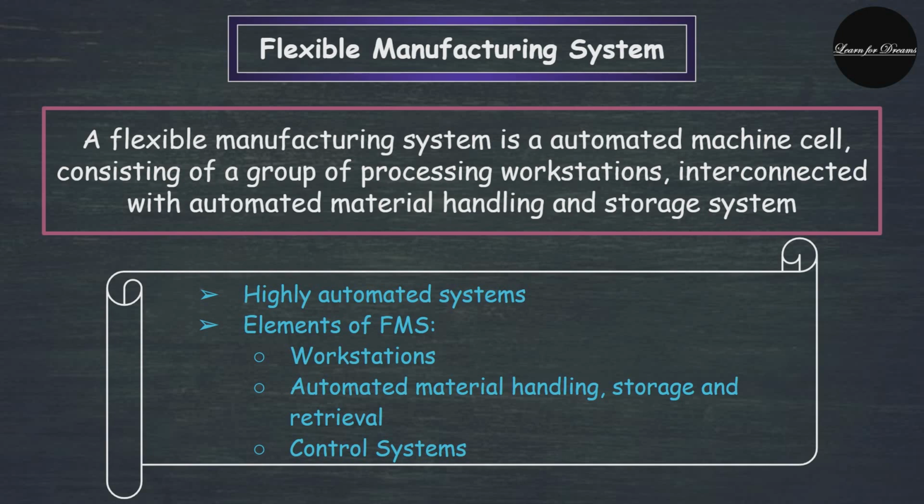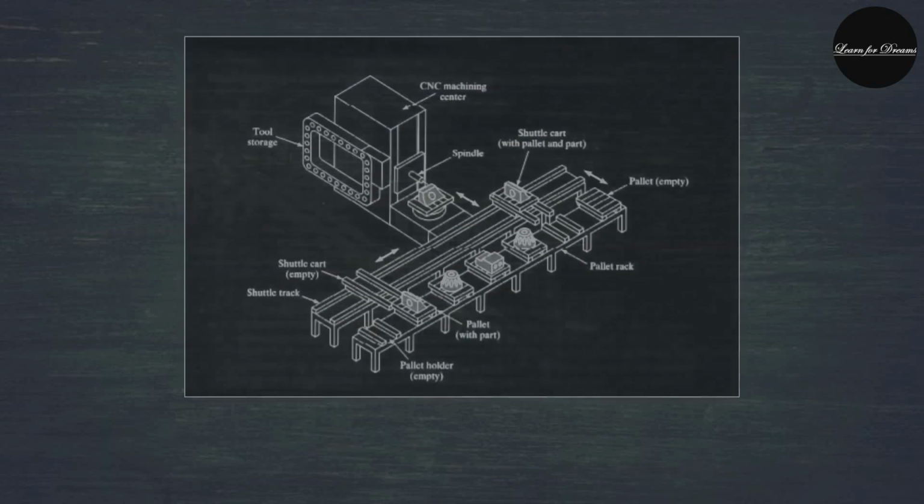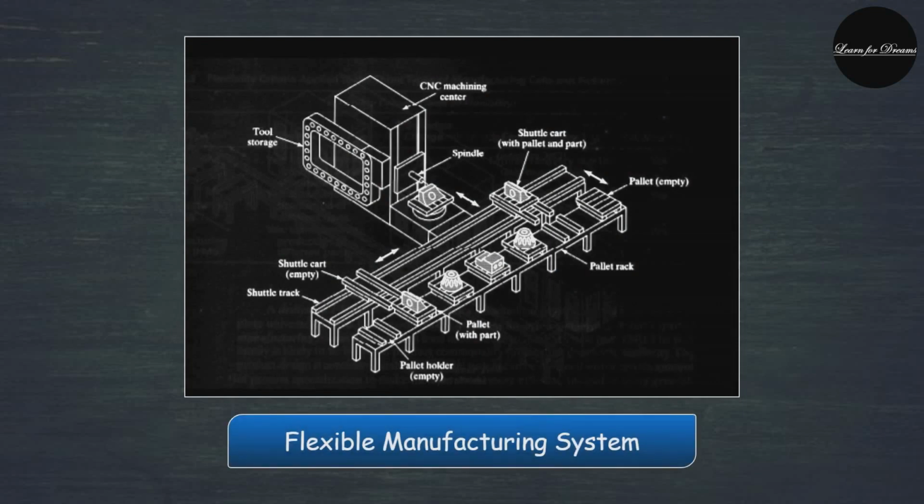Now the elements of flexible manufacturing system are workstations, automated material handling, storage and retrieval, and control systems. This is the functional layout for a flexible manufacturing system, the fully automated kind of system.